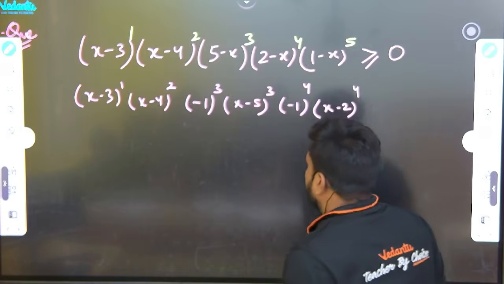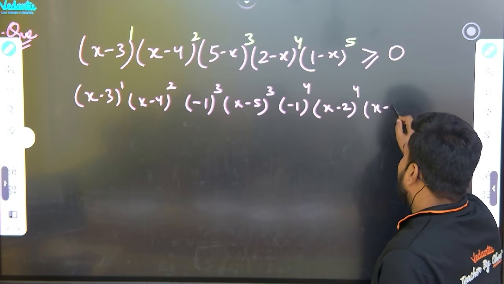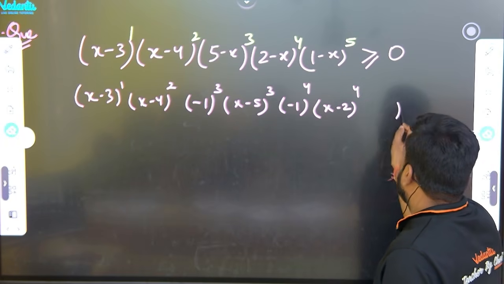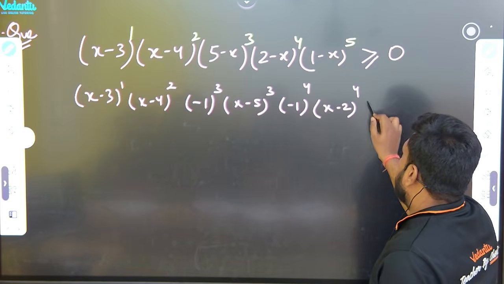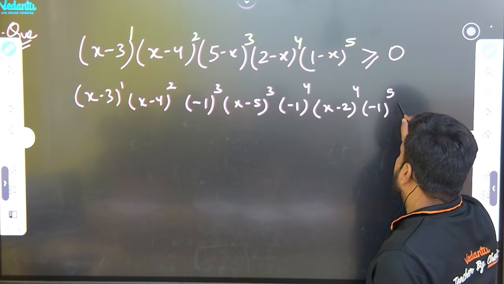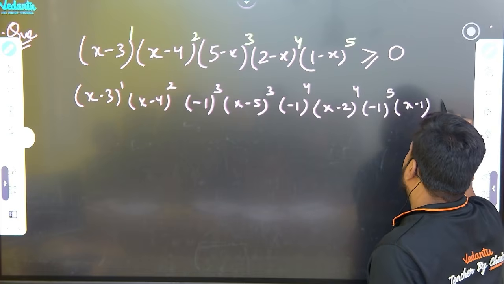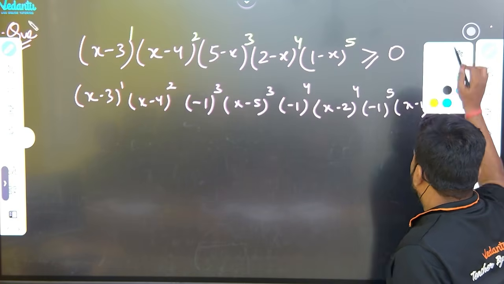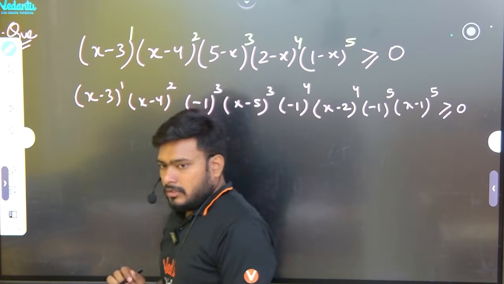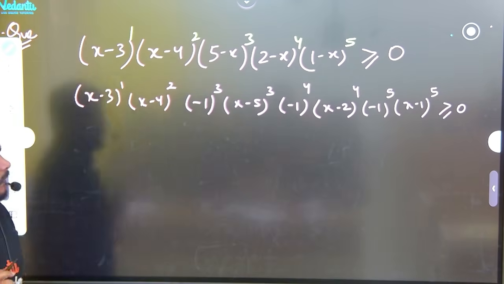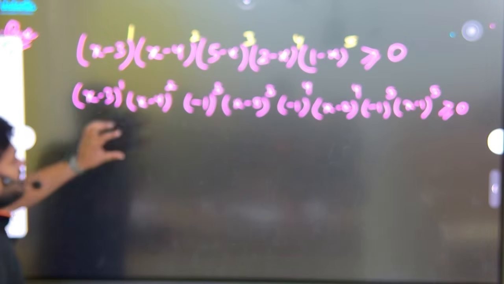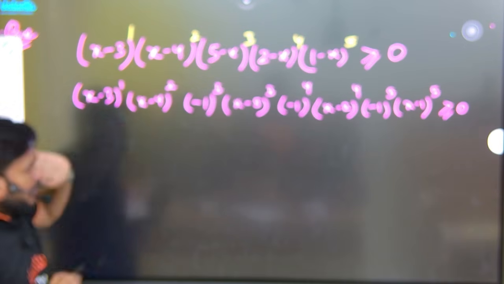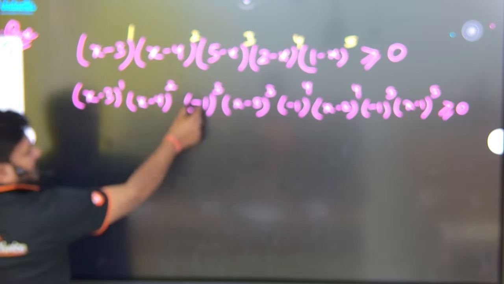Again, minus common. That means (x minus 1), but minus 1 common, that means minus 1 to the power 5 and (x minus 1) power 5 greater than 0. Till here all okay. This step is okay. Now let's deal with these minus 1 brackets. Therefore, I could have done this in short also, but first to understand the main method. Minus 1 power 3.